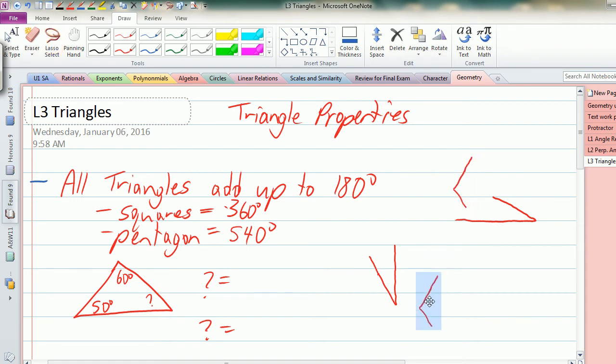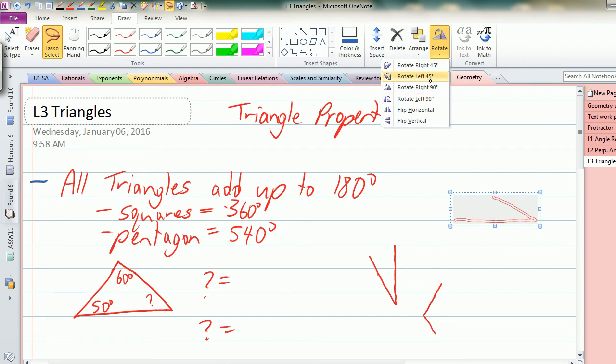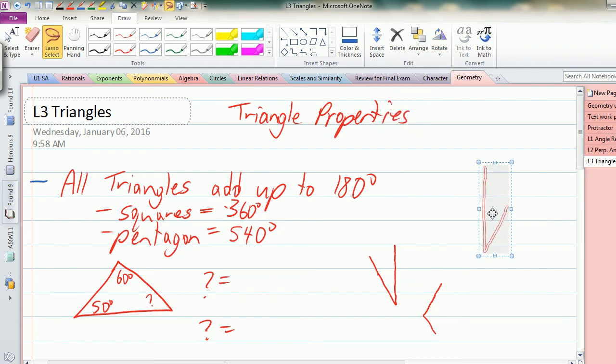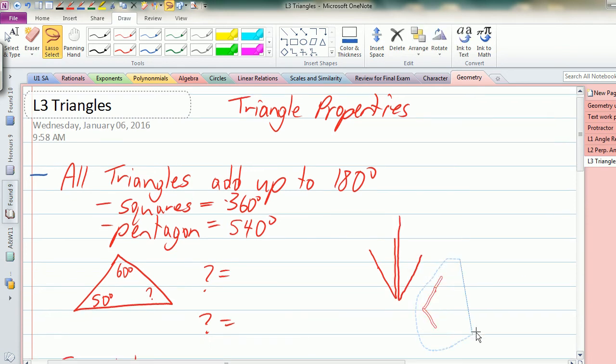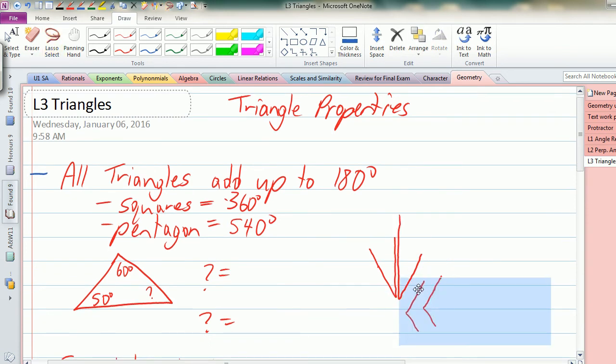And we're going to take this angle and rotate it as well. So we're rotating these angles so that they line up. Now, of course, I didn't use a ruler, but what kind of shape do these 3 angles make? A straight line, 180 degrees.